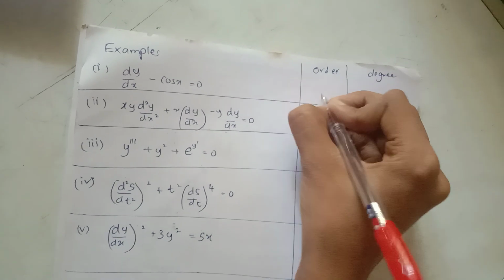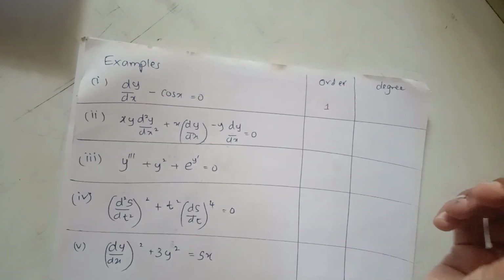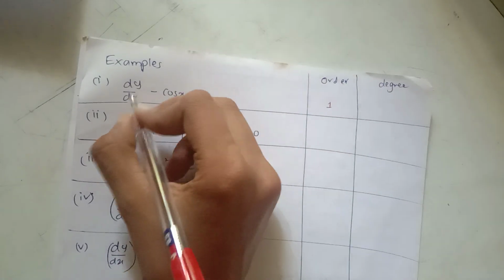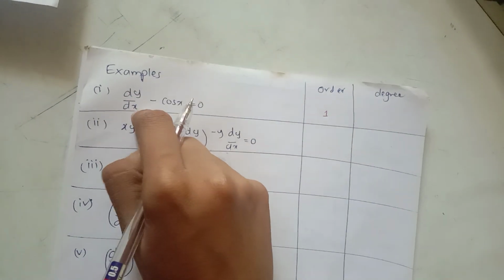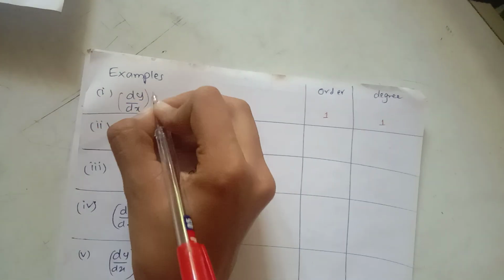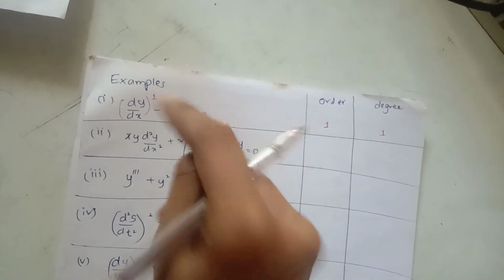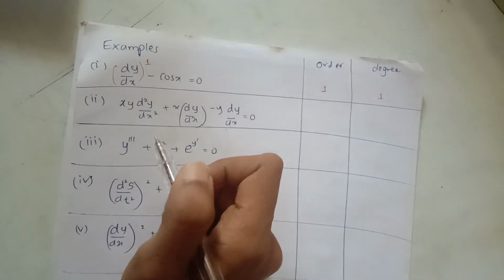So the order is 1. And for degree, we consider the highest derivative. This has only one derivative term, so the power of it is 1, which means dy over dx to the first power. That is why we write 1 here.